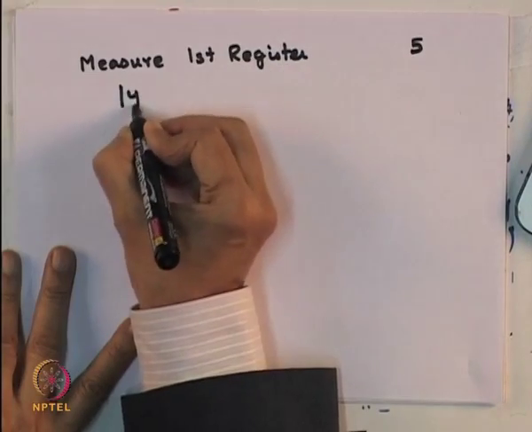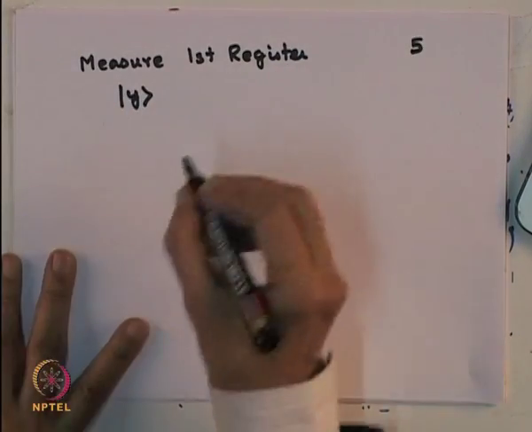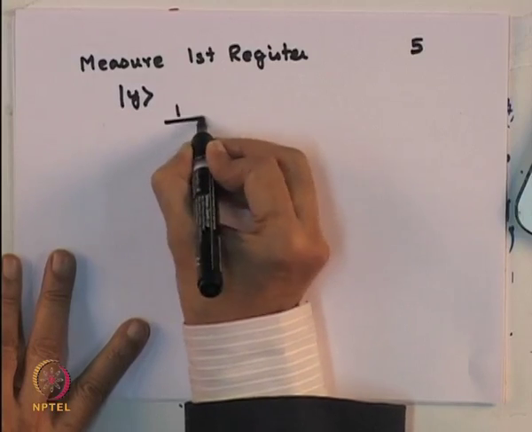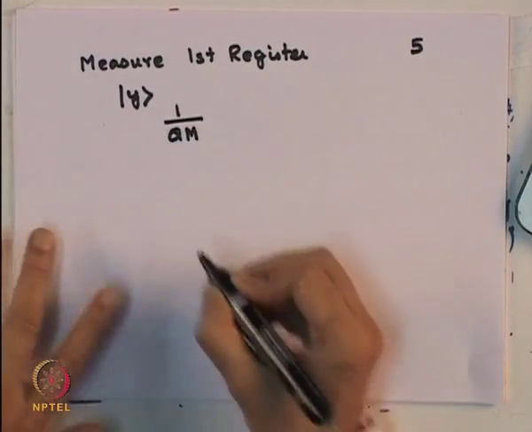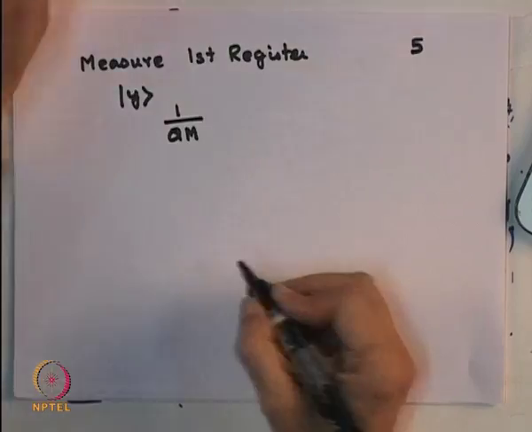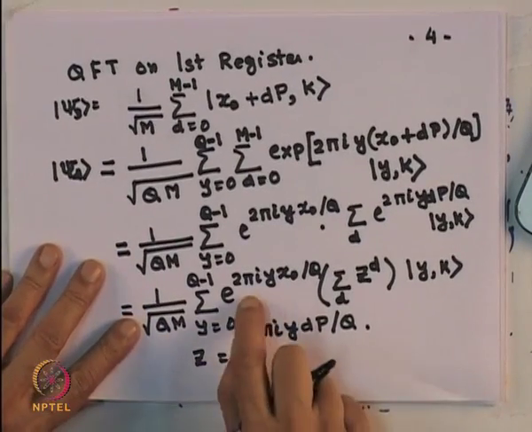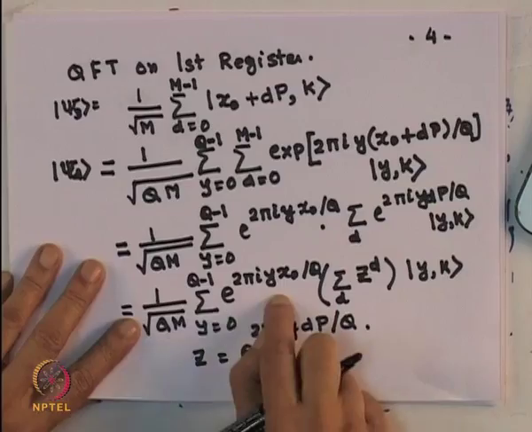I will get a particular value of y with a probability 1 over qm, because there was a 1 over square root of qm there, and this term is a unimodular term, so that is 1.